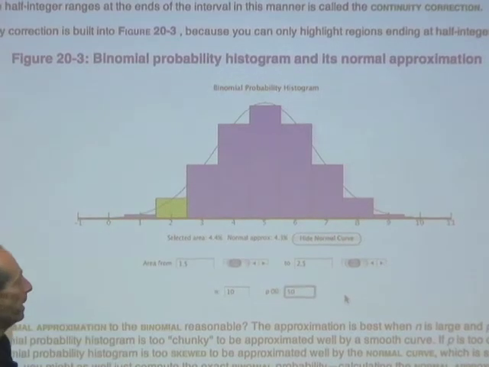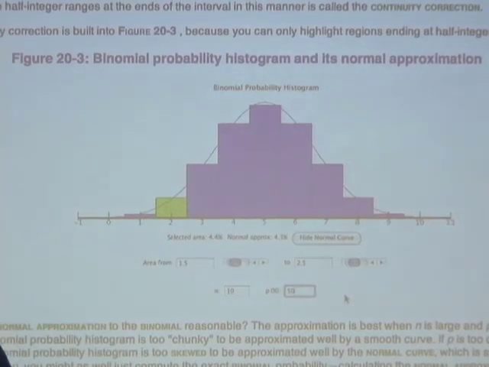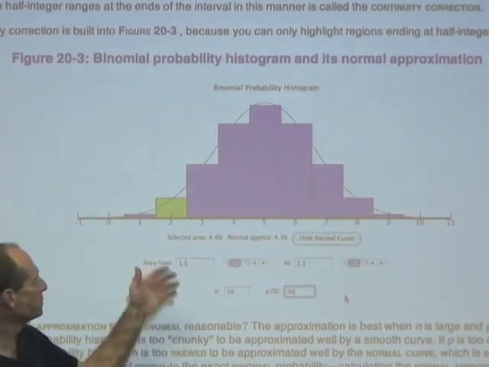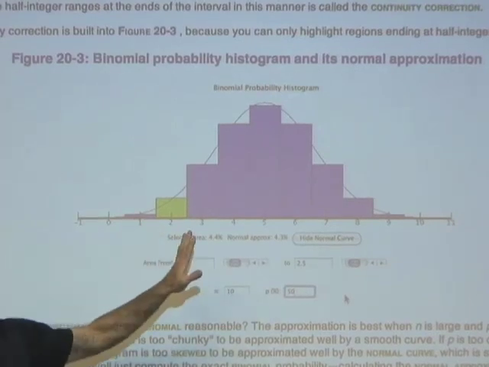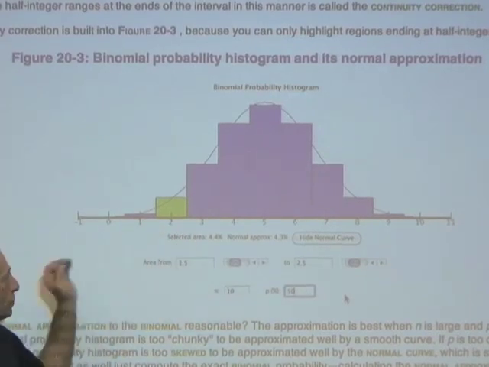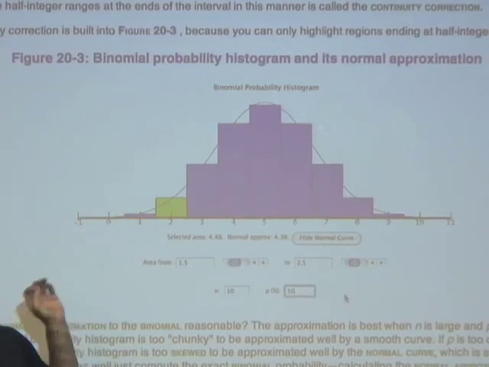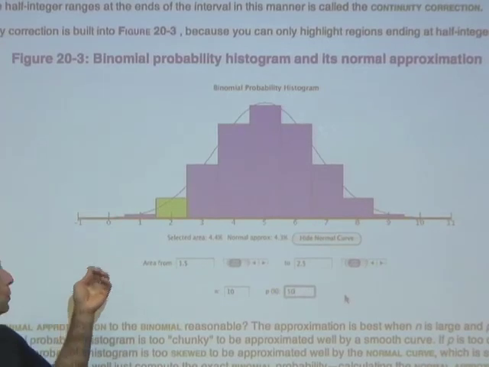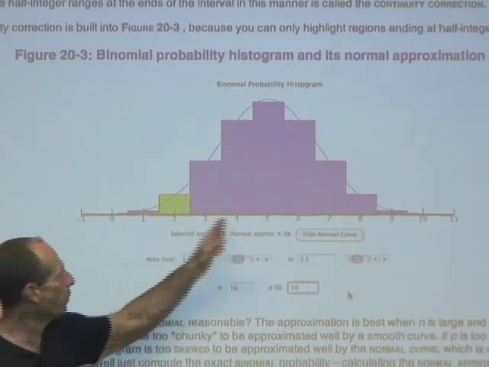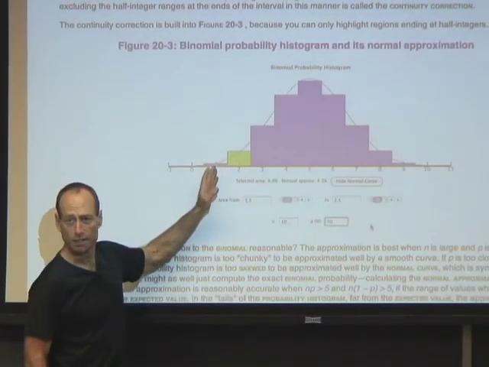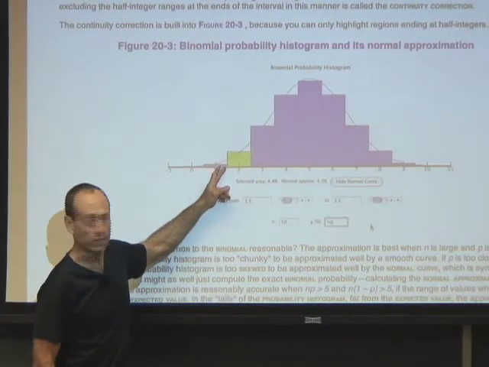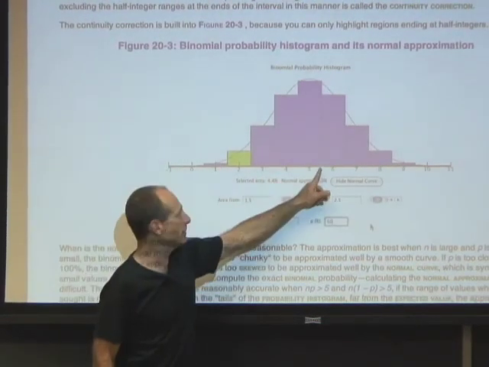So if we wanted to find the normal approximation to the probability that this random variable is between 2 and 5 inclusive, that is that 2 is less than or equal to x is less than or equal to 5, what region would that correspond to? We would start at 1.5, right? And we would go up to 5.5, okay?